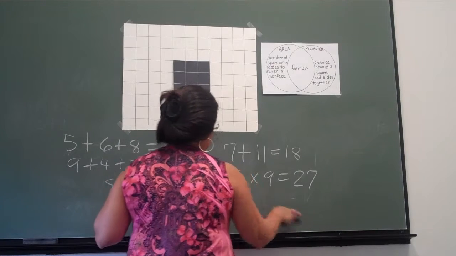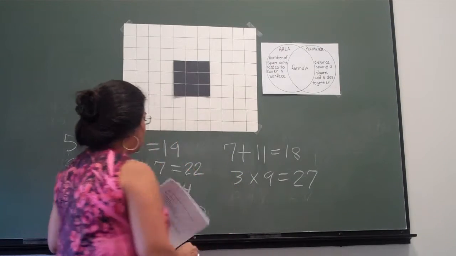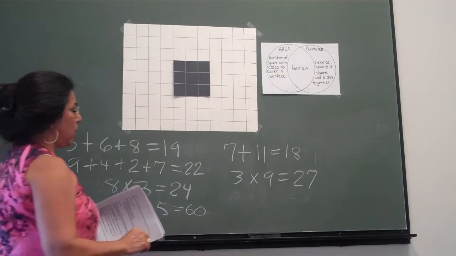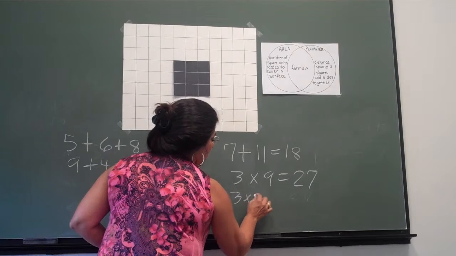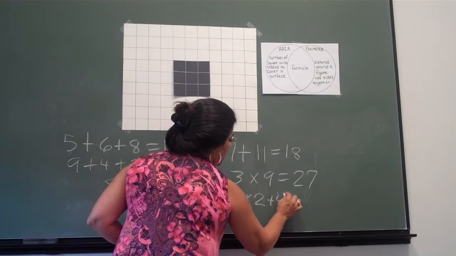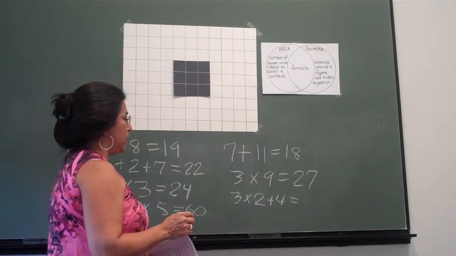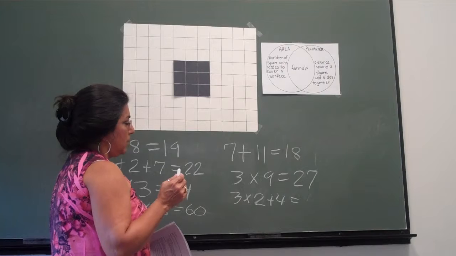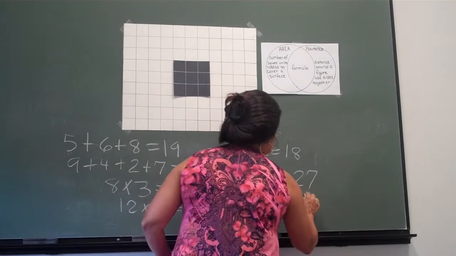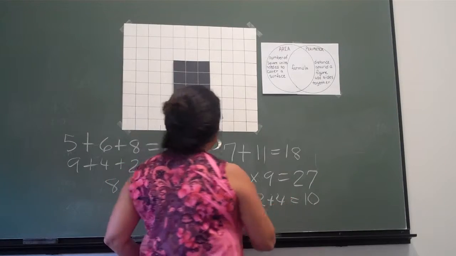That's correct. The missing number here is a 3. These are called formulas. Now we could also do something like 3 times 2 plus 4, adding multiplication and addition together. What would that give us, Stephen? That's correct. That gives us 10. 3 times 2 is 6 plus 4 equals 10.